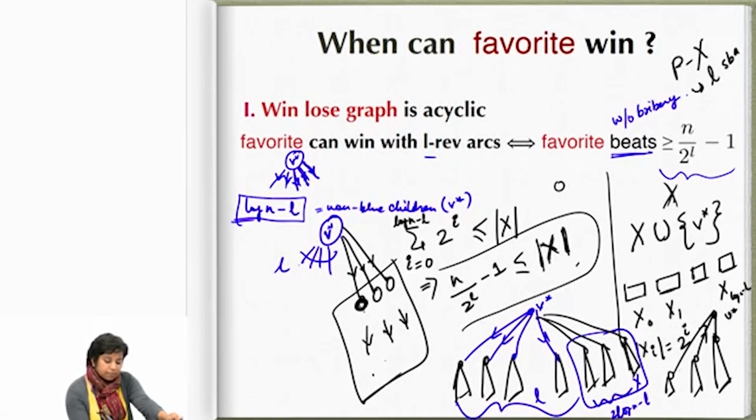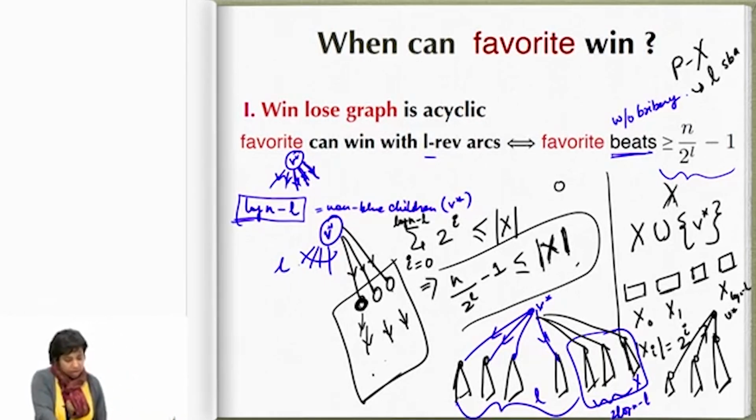If this guy beats its child, which it does because it's a black edge, V star must also beat this. So because V star beats each of the roots of these subtrees, V star beats everybody here. So in this forward direction, I use the fact that it's a DAG very crucially. If I did not have that property, I could not have shown this.